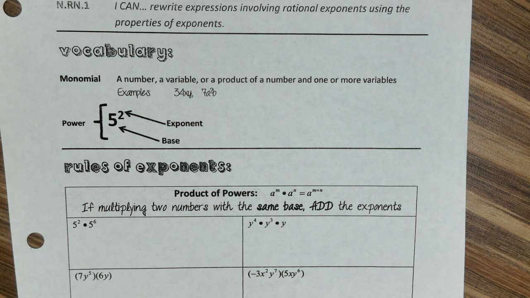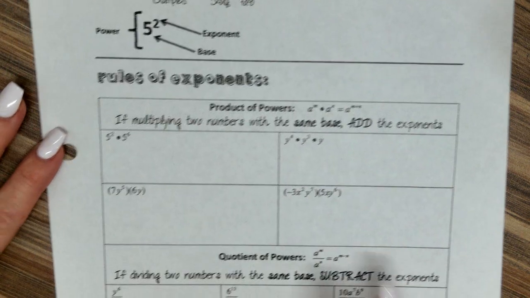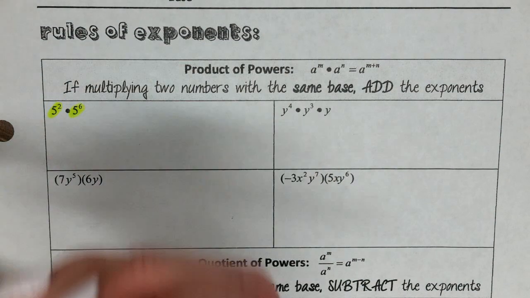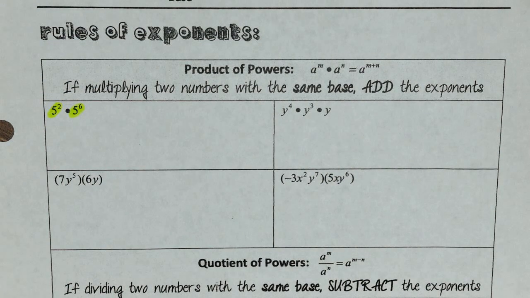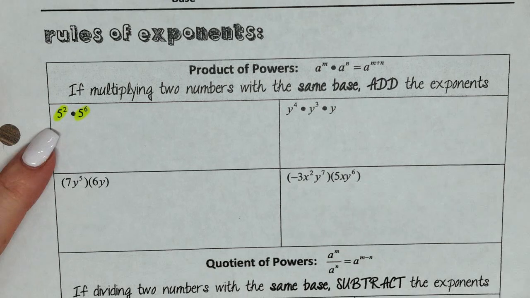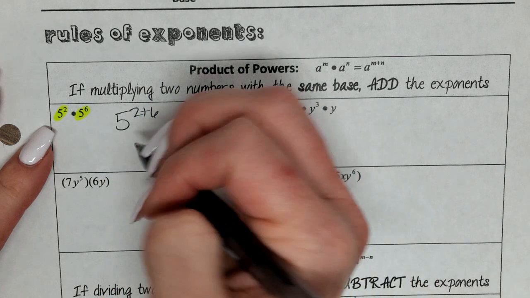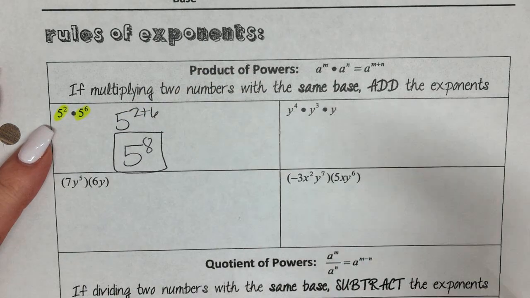If you're multiplying and the bases are the same, what do you do? You add. So I'm going to look at these examples. These are super easy. I'm going to highlight the bases that are the same because that's my strategy that helps me. This is going to be 5 to the 2 plus 6, which is 5 to the 8th.